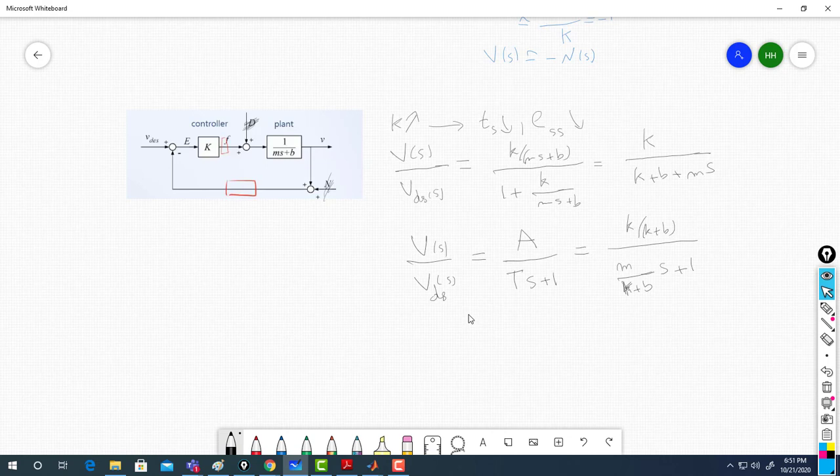And now look at the pole location of your plant and of your new system.